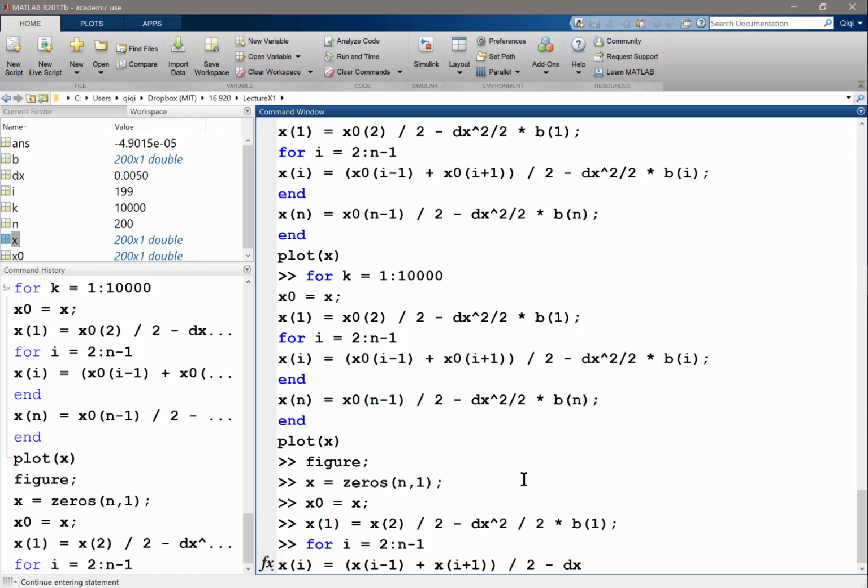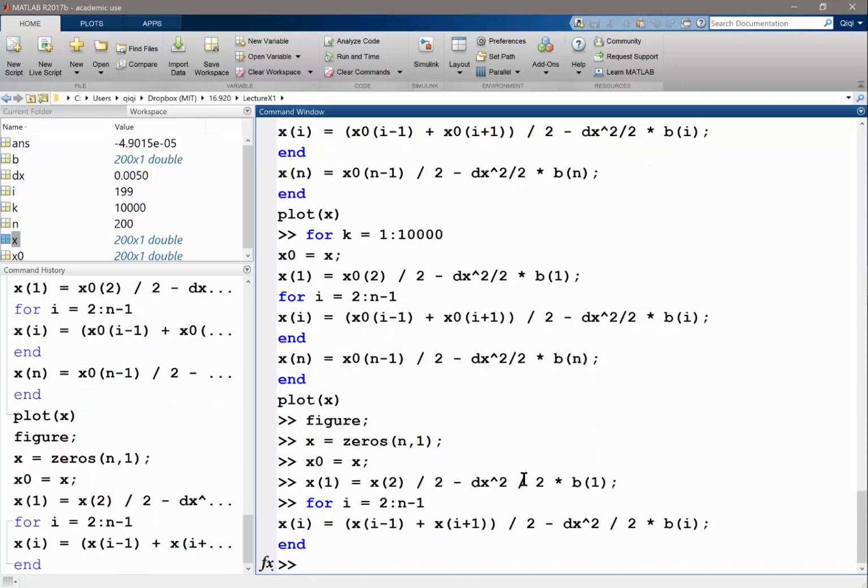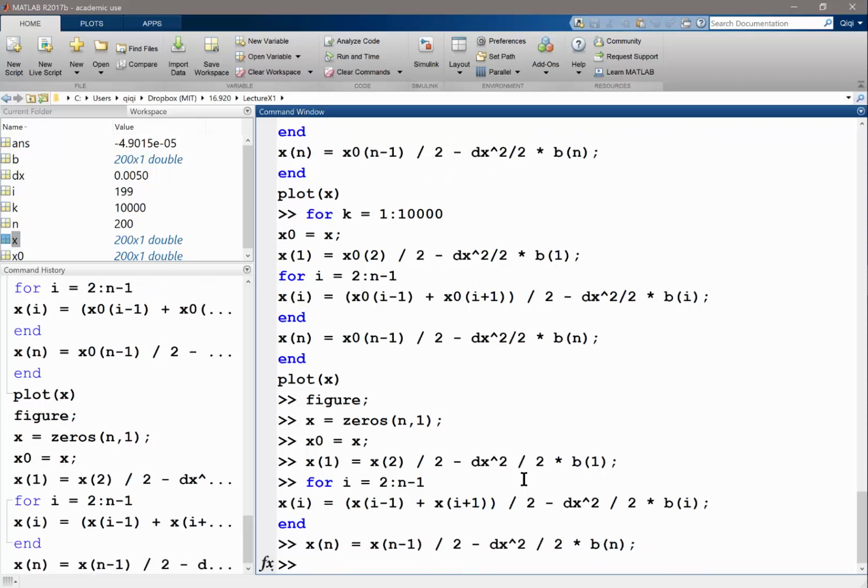I don't need an x0 because my x naturally has non-updated values for i plus 1 and updated values for i minus 1. Times bi, and my last grid point, still my xi minus 1 is already the updated value, minus dx squared times b of n. So that's one iteration of Gauss Seidel.